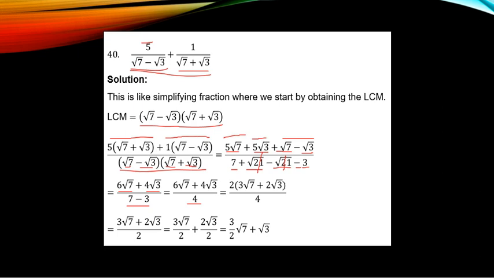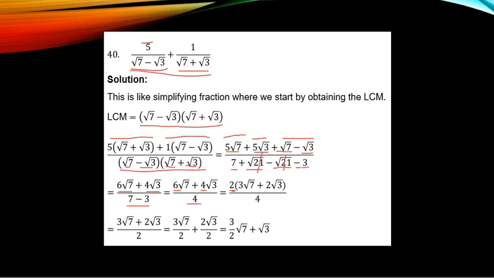At this stage, looking at the coefficients of the root 7 and root 3, that is 6 and 4, you can factor out 2 because 2 is common to both coefficients.